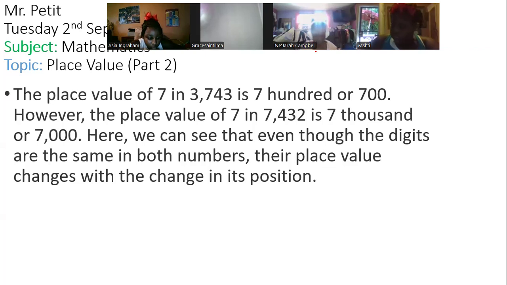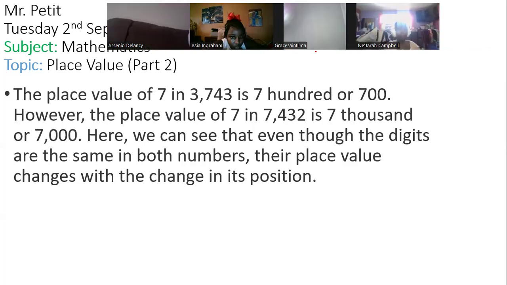Arsenio, can you read this paragraph for me, please? The place value of 7 in 3,742 is 700. However, the place value of 7 in 7,432 is 7,000.